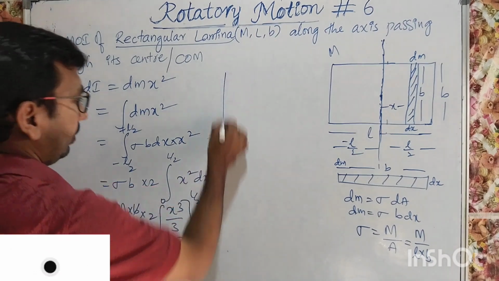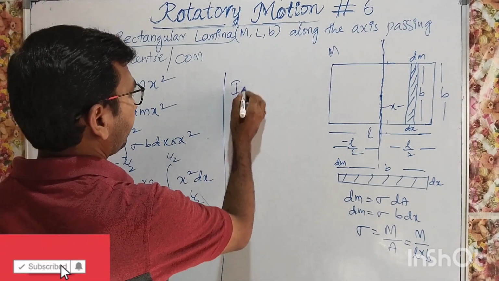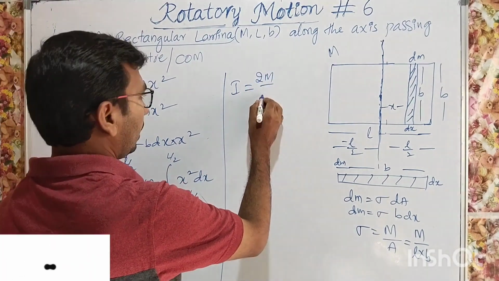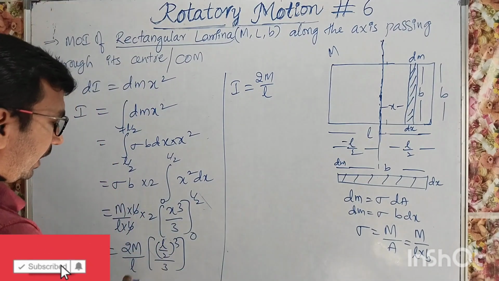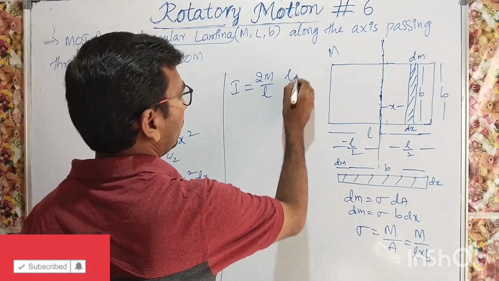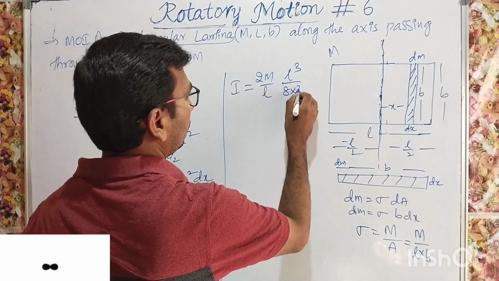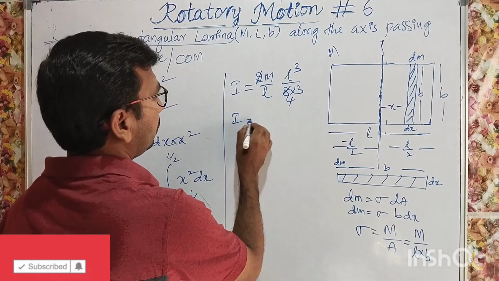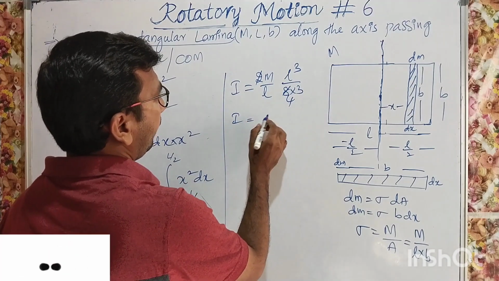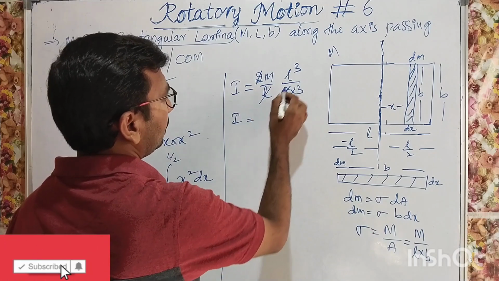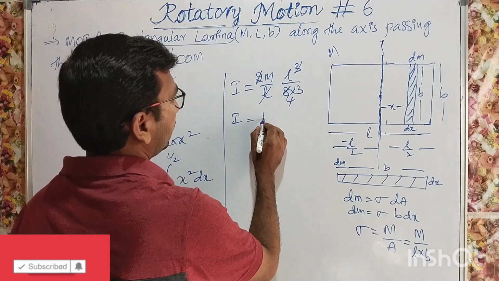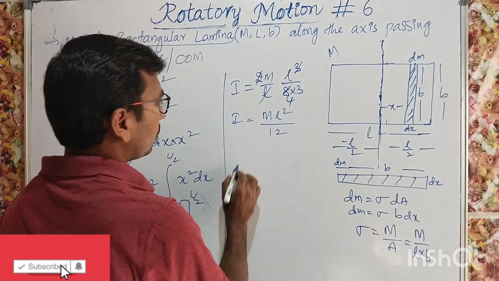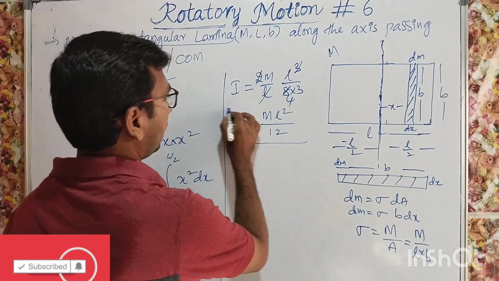So I is equal to 2M by L into L cube by 8 into 3. L cancels, 2 by 8 is 1 by 4, giving M L square by 12. So ML square by 12 is the moment of inertia of a rectangular lamina.